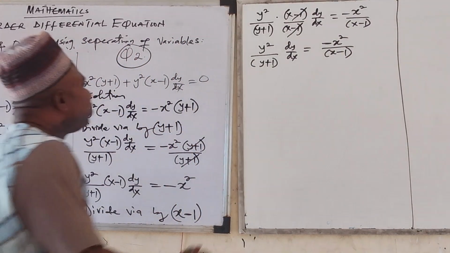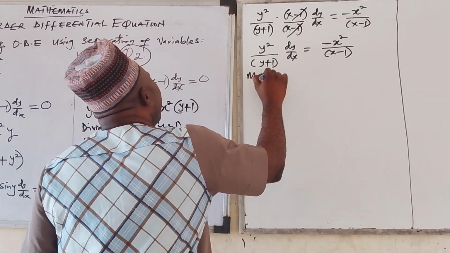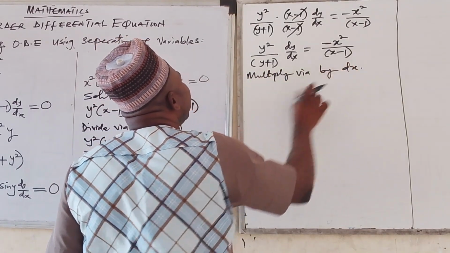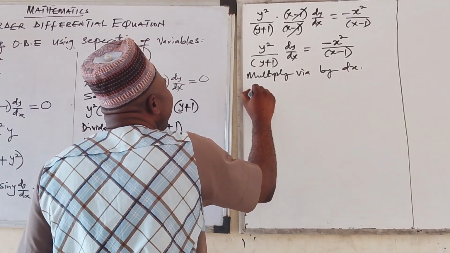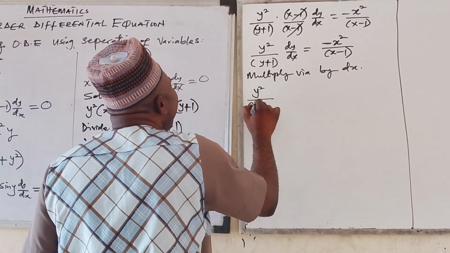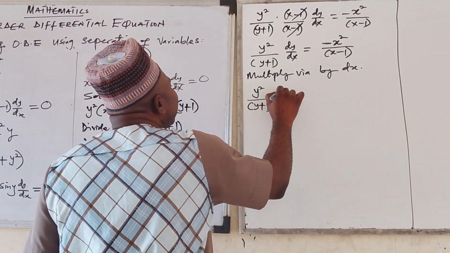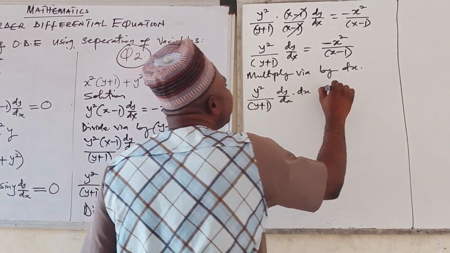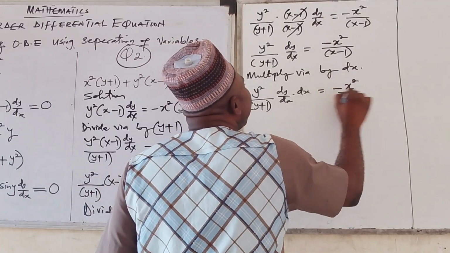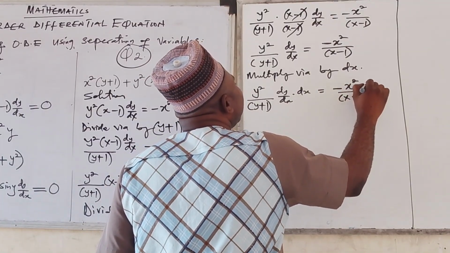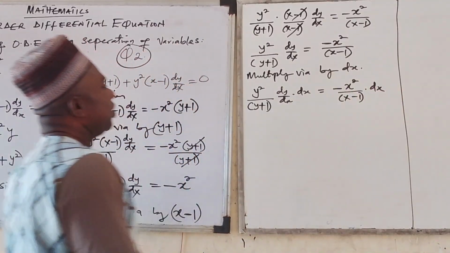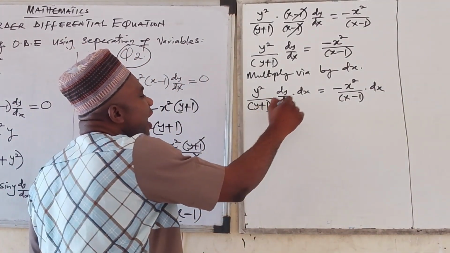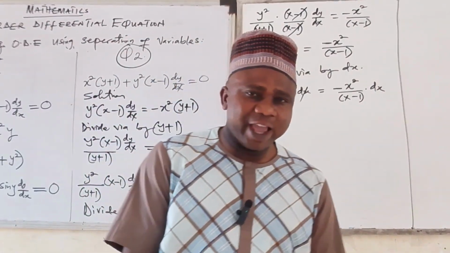So now let's multiply through by dx. If we multiply through by dx, it means here we have y squared all over y plus 1, dy over dx times dx is equal to minus x squared all over x minus 1 times dx. So this dx will go with this dx.